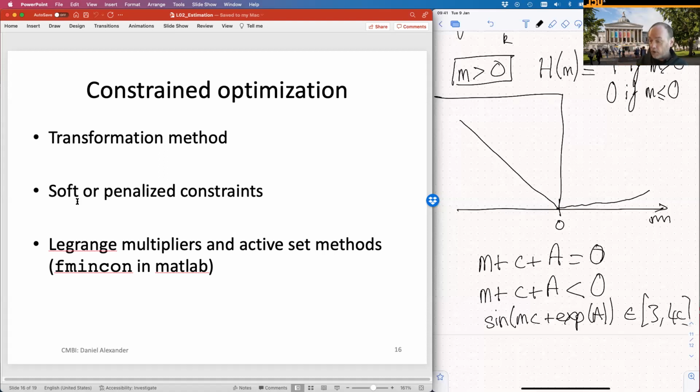You can imagine much more complex constraints that you might want to impose in certain conditions, and using more sophisticated techniques like Lagrange multipliers and active set methods, you can do this kind of more complex constraint.